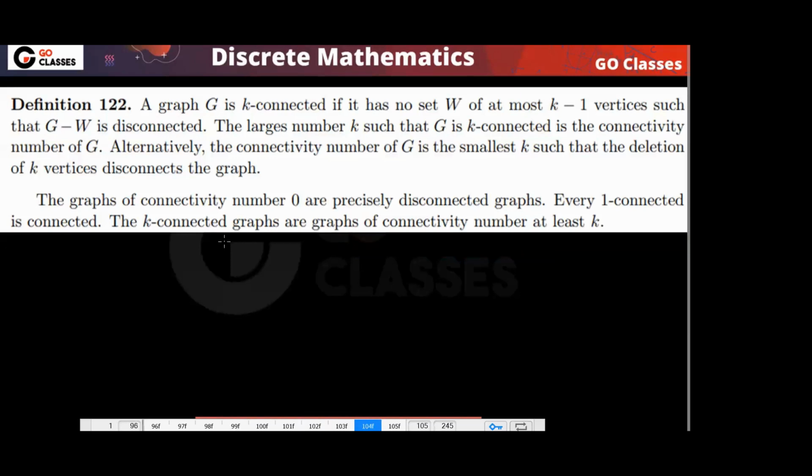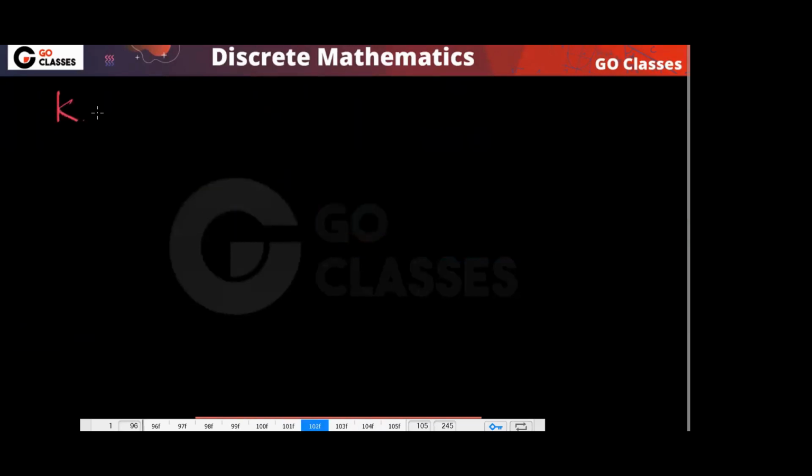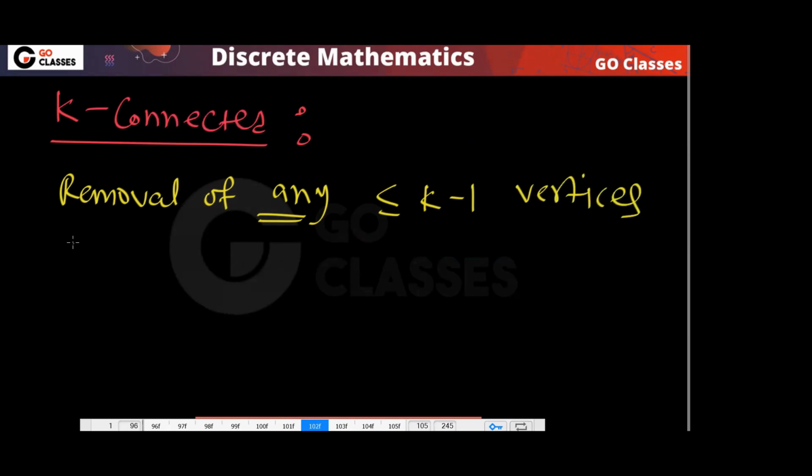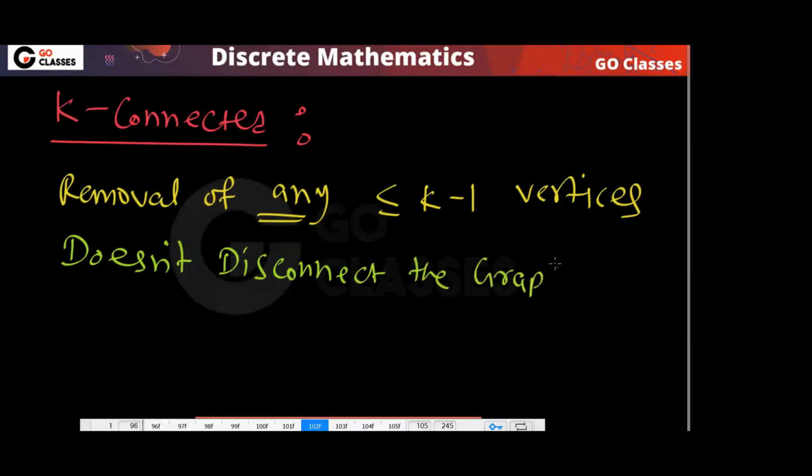And if I say K connected, it simply means that removal of any, that is your choice, any less than or equal to K minus 1 vertices doesn't disconnect the graph, or leaves a single vertex.